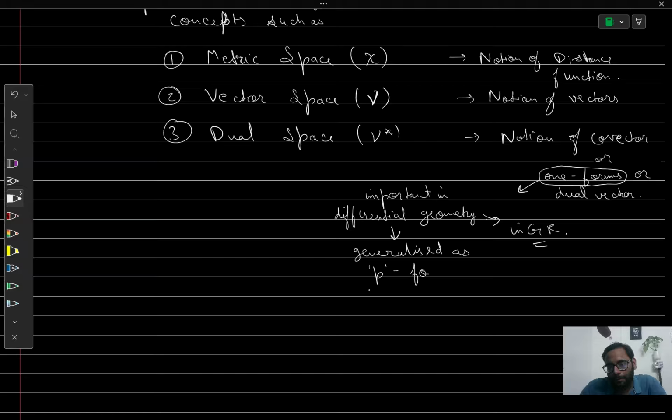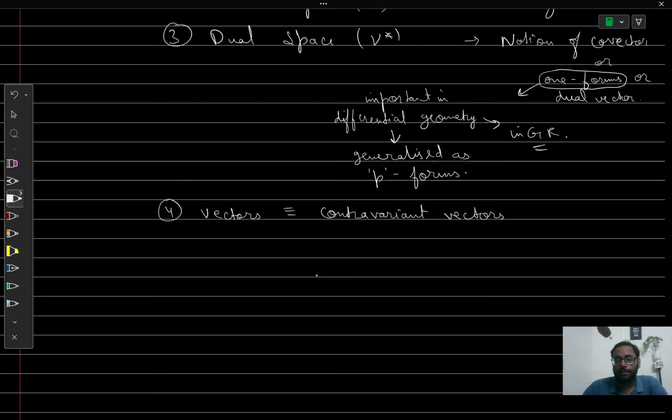And the fourth notion: vectors are equivalent to contravariant vectors. We will see why we call such vectors contravariant vectors, and they live in vector space.